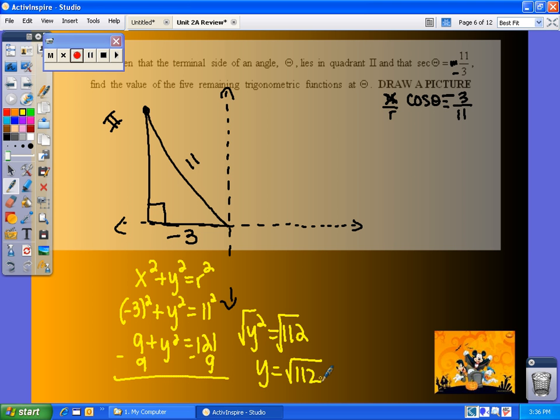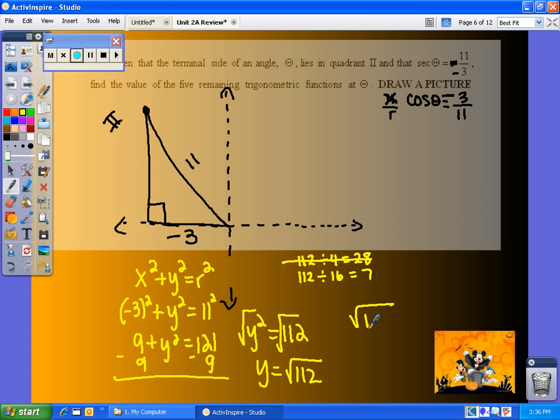Now, being that 112 is an even number, I'm going to see if I can divide it into my perfect squares. So when I divide 112 by 4, I get 28. I know I still can break down 28, so that's not going to work. When I do 112 divided by 16, I get 7. 7 can't be broken down.